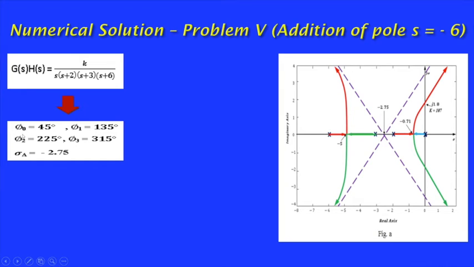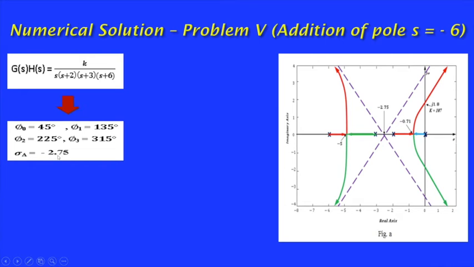When Q equal to 0, then phi 0 equal to 45. When Q equal to 2, then phi 2 equal to 225 degrees. When Q equal to 3, then phi 3 equal to 315 degrees. Then find the centroid of asymptotes.